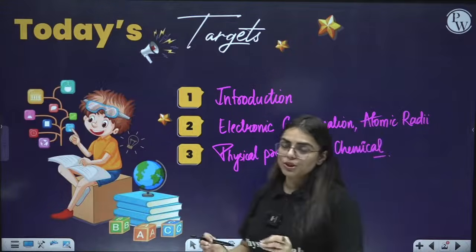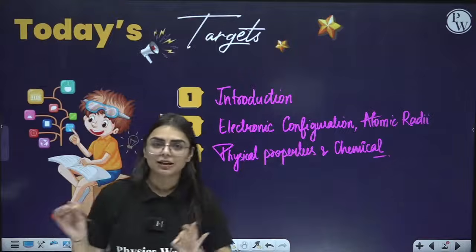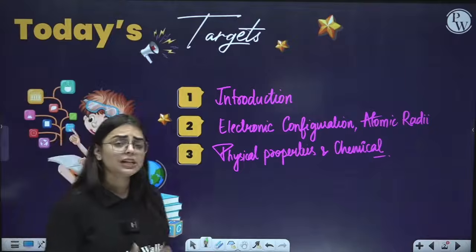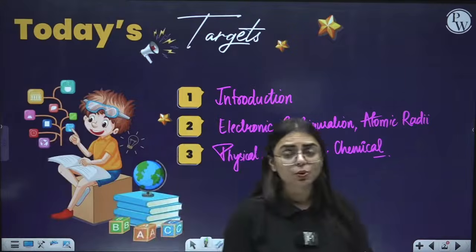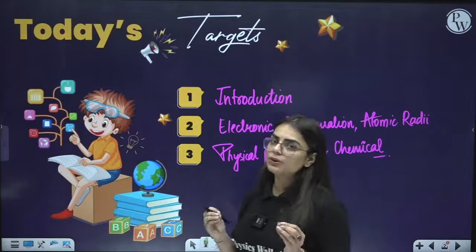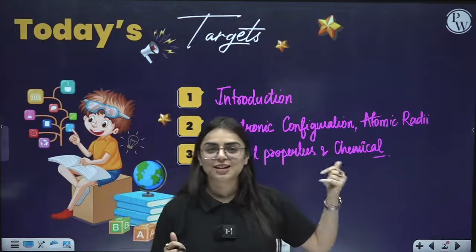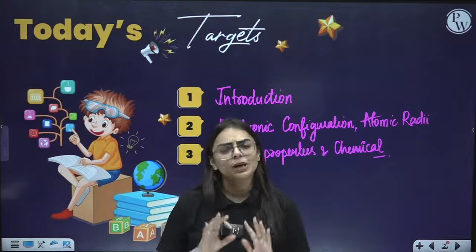Moving forward students, we shall be understanding the electronic configuration and the atomic radii part. In electronic configuration, we will again be learning with the help of magic numbers. As we have done with regard to the boron family, if you remember, we have given a trick for the magic numbers, that was 8, 18, 18, 32. Very simple technique.